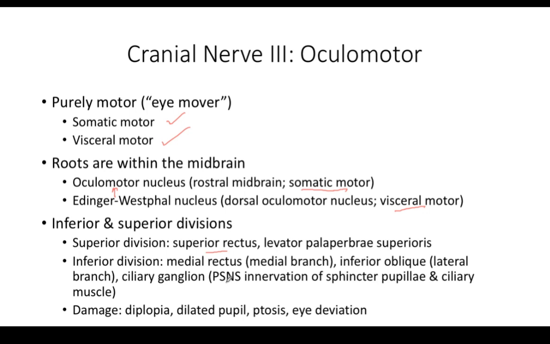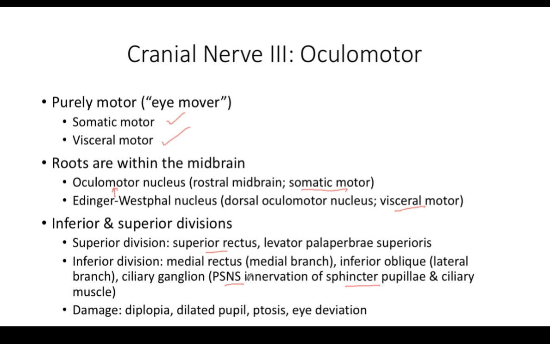So this ciliary ganglion, around the orbit, is where preganglionic parasympathetic nerve fibers meet their postganglionic nerve fibers, and those postganglionic nerve fibers project into the eyeball and help control what's called the sphincter pupillae and ciliary muscle. The sphincter pupillae muscle helps control the diameter of the pupil. When we're talking about parasympathetic control of this, the parasympathetic nervous system causes pupillary constriction.